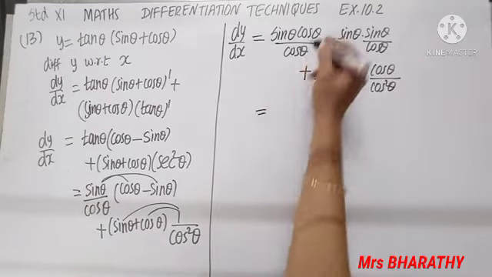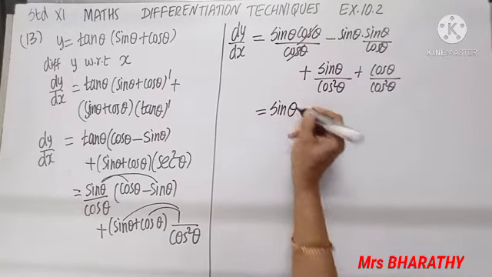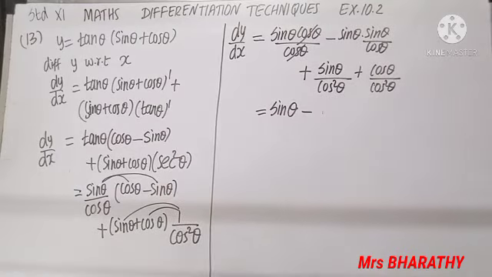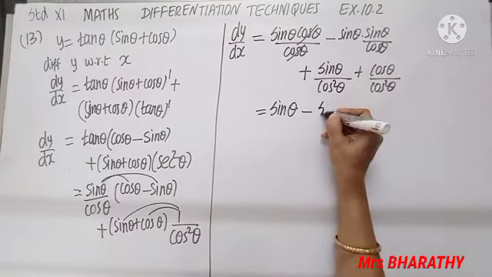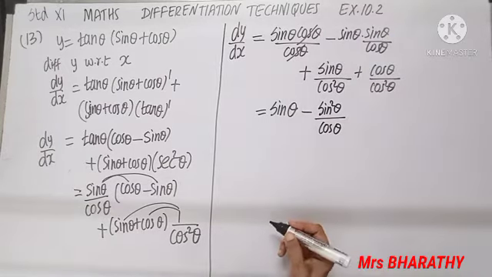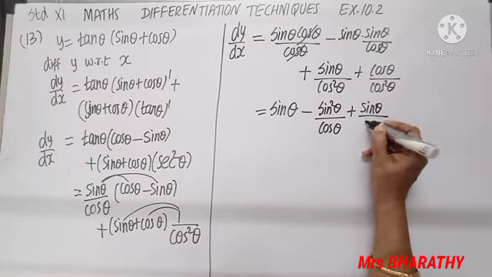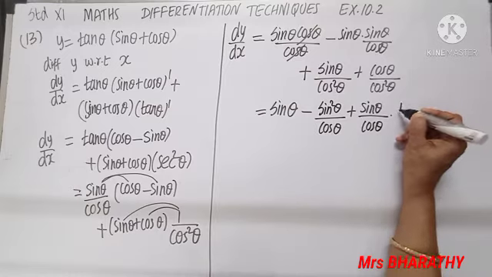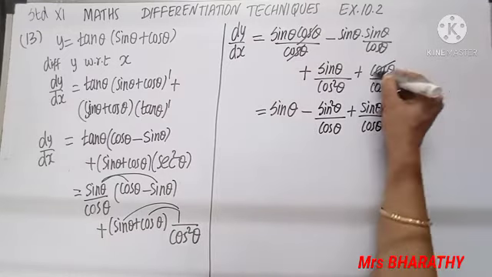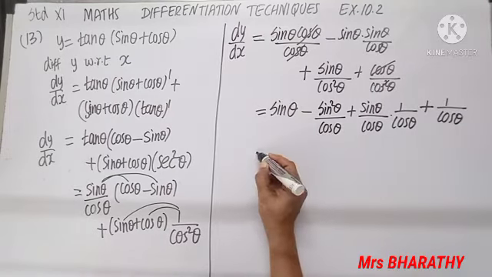As we cancel, sin theta alone remains in the first term, minus sin into sin is sin square theta by cos theta. Here let us split the terms. Sin theta by cos theta into 1 by cos theta, plus cos and square cancel, 1 by cos theta.